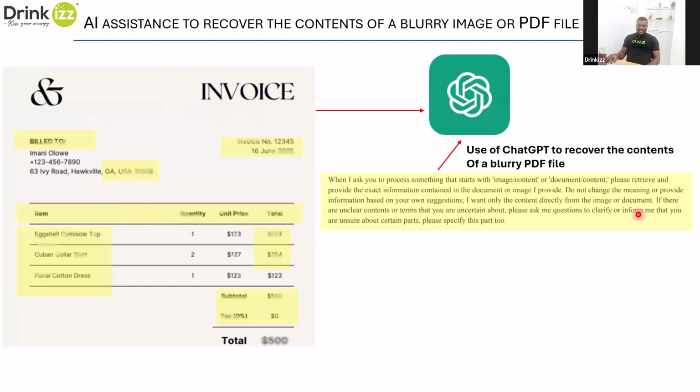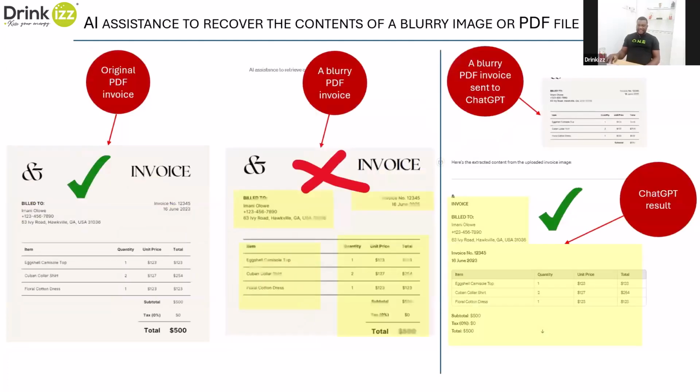Here you can see I have my prompt in my GPT. From this prompt, I force ChatGPT to understand this file and give me where I have unclear information, and which information it is. We will see the result later. Let's see the result. As you can see, the AI processes the unclear invoice and gives a clear output.